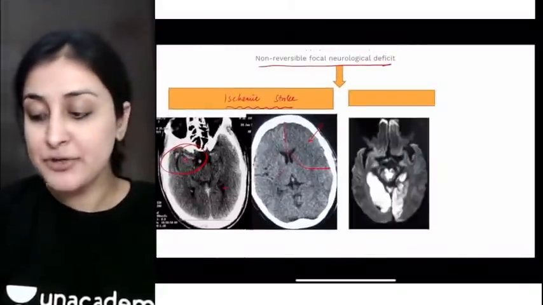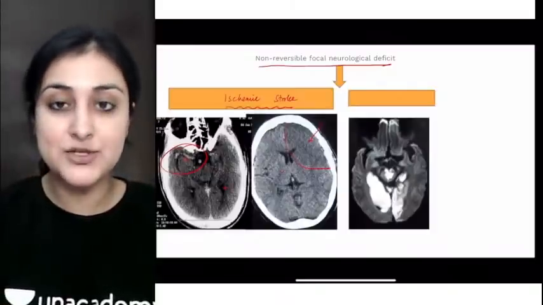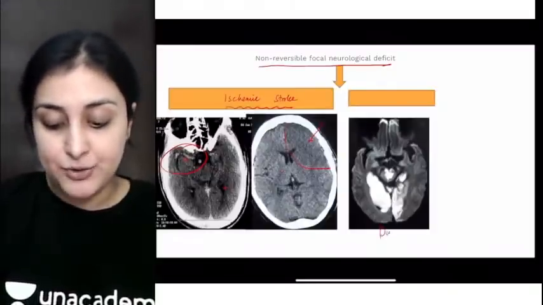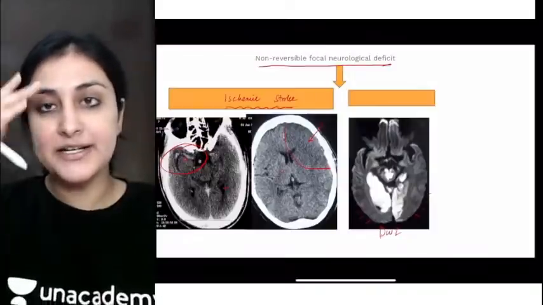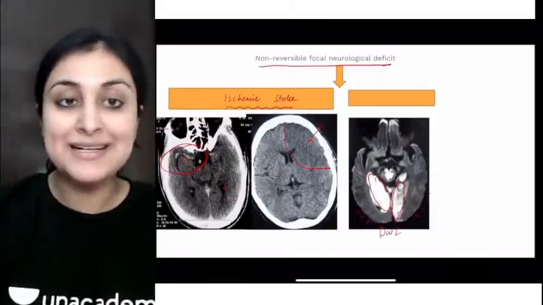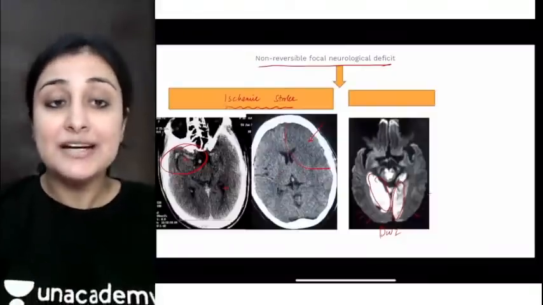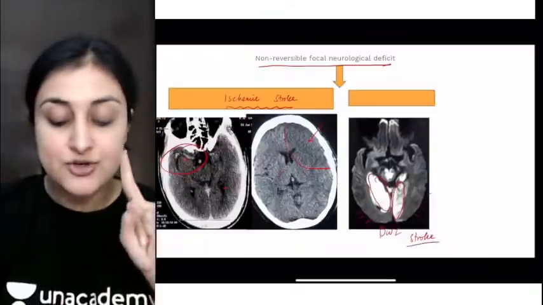Okay, next case. What is the diagnosis? When I show you this image, first of all, identify the image. I will tell you about penumbra very soon. This is diffusion, right? Anytime you don't see the surrounding skull, nothing else visible, it is diffusion weighted imaging, and these white areas represent diffusion restriction. Where will you find diffusion restriction? Acute ischemic stroke.